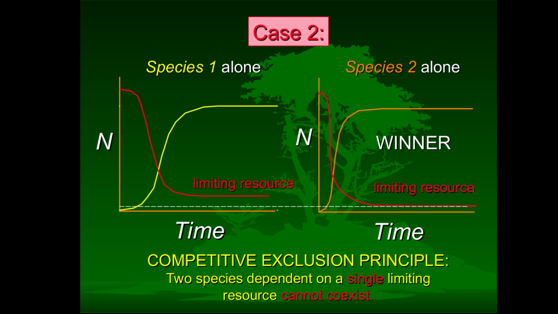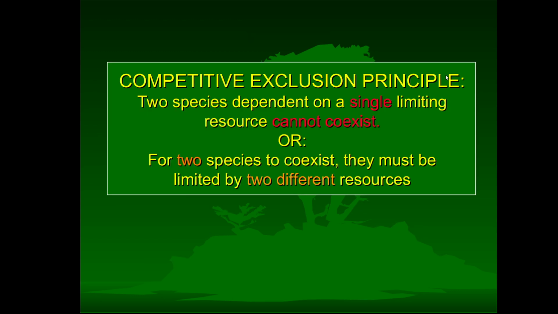Or equivalently, for two species to coexist, they must be limited by two or more different resources, allowing one or both to switch to different resources when in competition. This principle is also sometimes stated as one niche, one species, with the idea that two species cannot occupy the exact same niche indefinitely. One will eventually displace the other, the superior competitor.